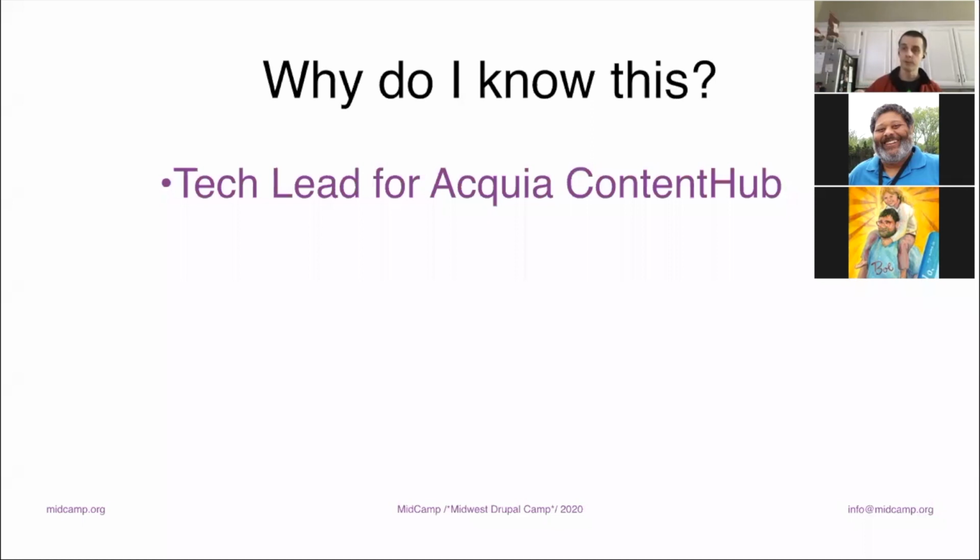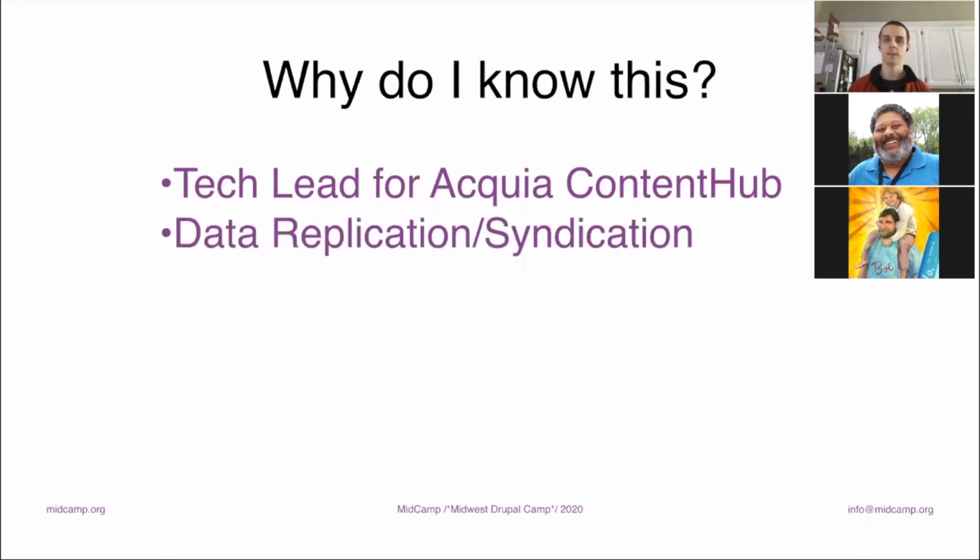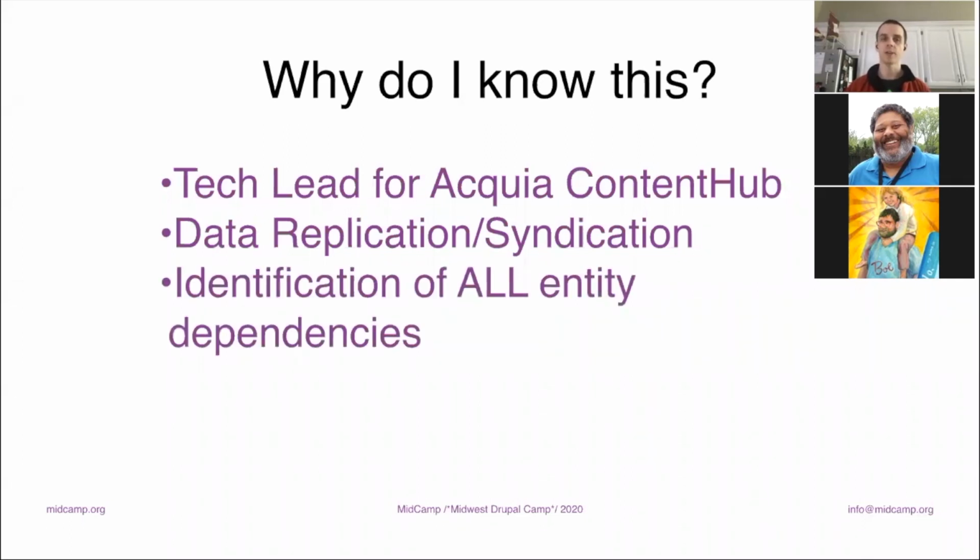Content Hub is a tool that does data replication, okay? So we released the 2x version of Content Hub last year sometime. And what we have to do with this tool, since it's a data replication and syndication engine, is that we actually need to identify all entity dependencies of any given entity.